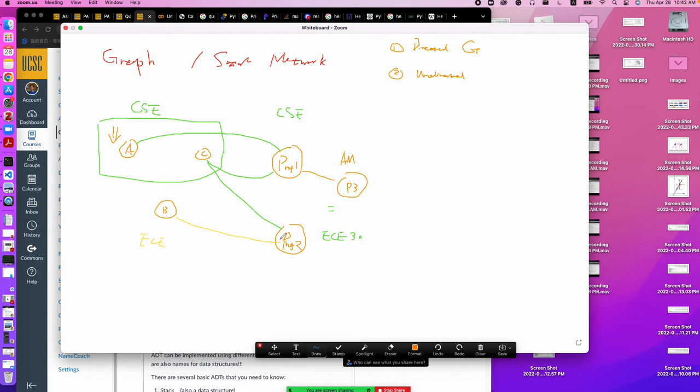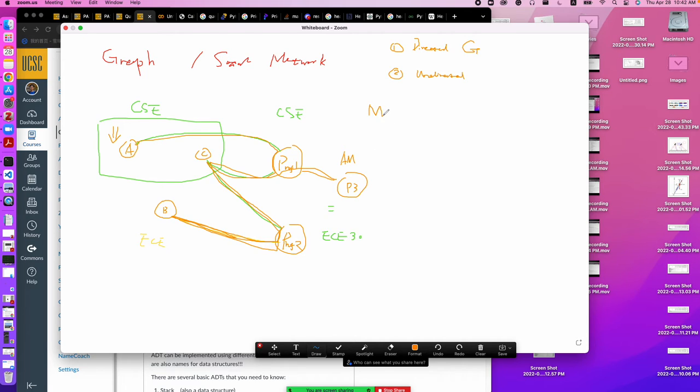Undirected graph means you can go from, let's say, starting from A to anywhere through this path. You can go in this direction. You can go back, go back, go back. So let's just assume this graph is an undirected graph.